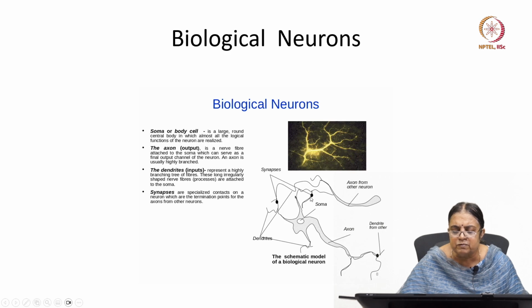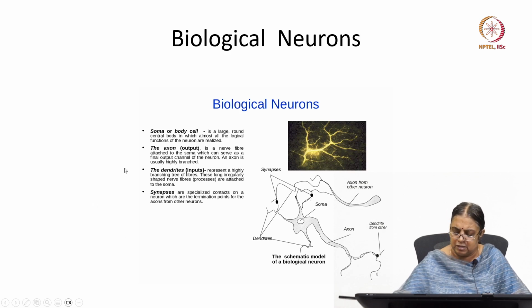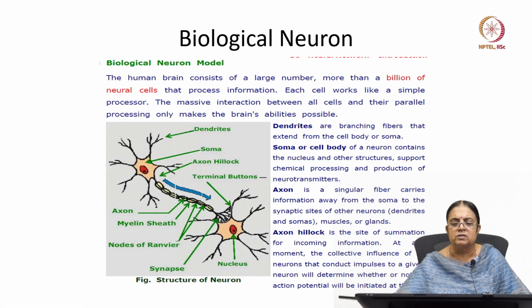The synapses will be between the dendrite of one neuron and the axon of another neuron. So the information comes through the axon of another neuron and comes into this neuron through the synapse and through the dendrite. That's the important part of this.